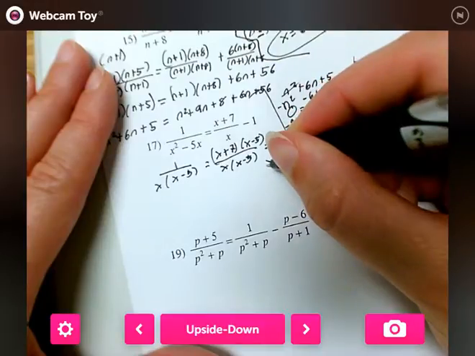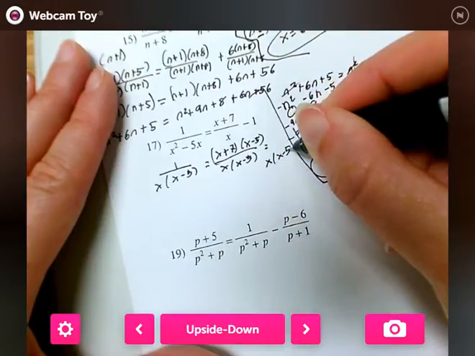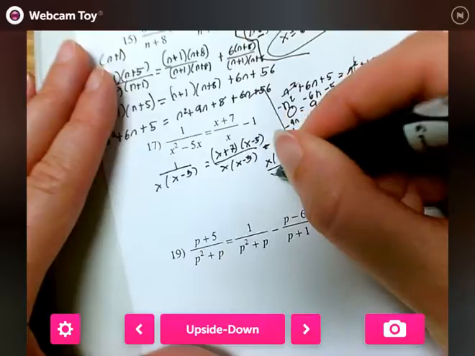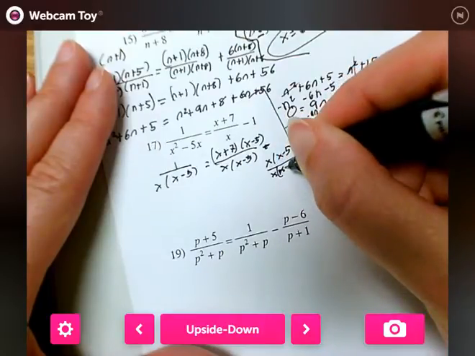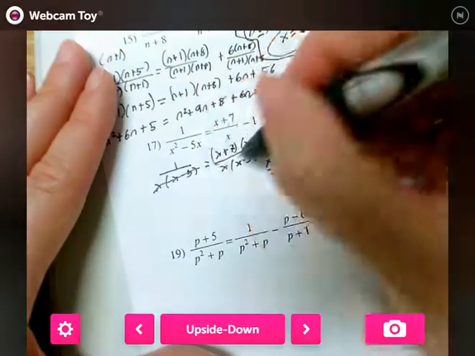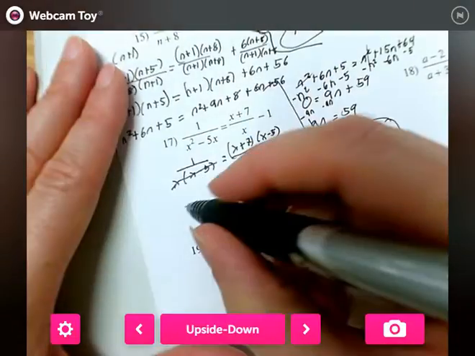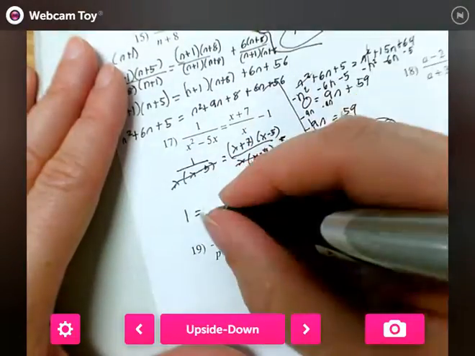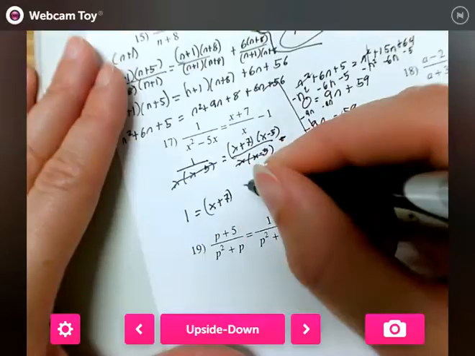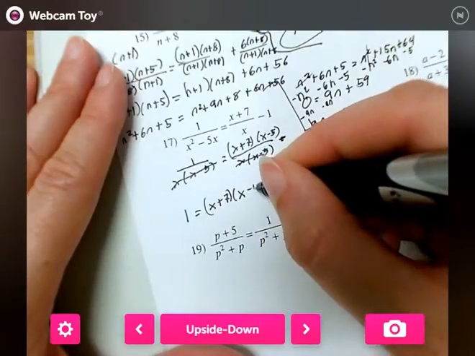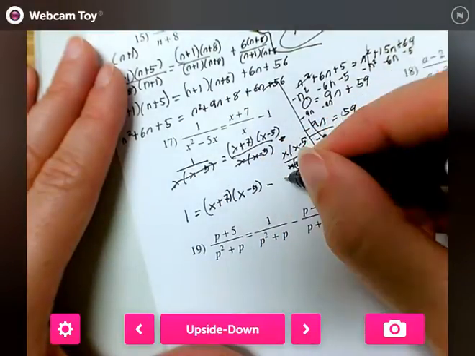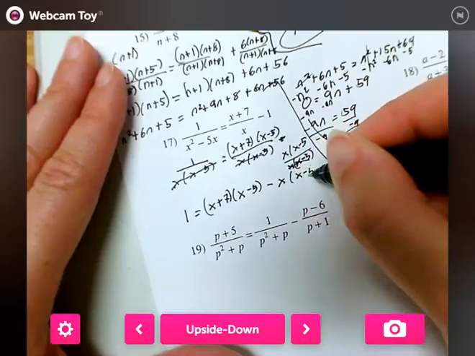So now we can cancel out all the bottoms. We don't have to worry about that. And we end up with 1 equals x plus 7 times x minus 5 minus x times x minus 5.